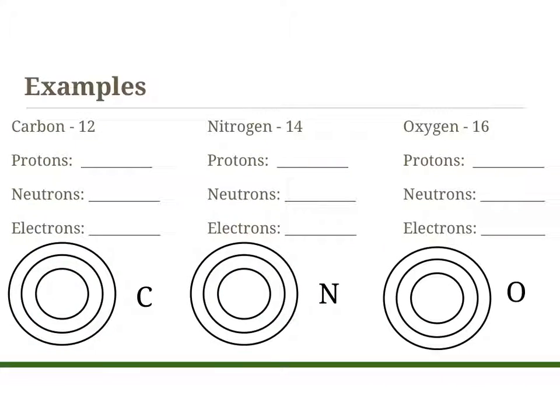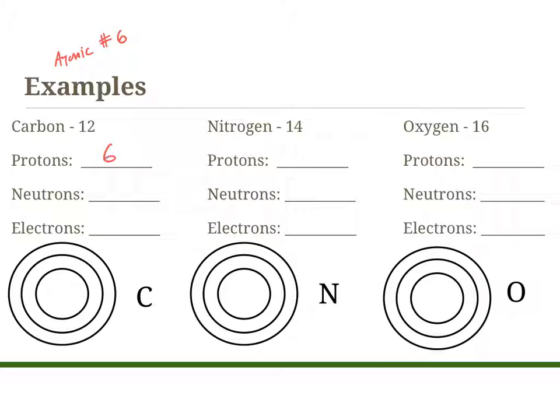I've got a couple of examples here that I'd like to work through pretty quickly, so that we can identify how things are going. According to the examples here, we're going to do carbon, nitrogen, and oxygen. Carbon has an atomic number of 6.